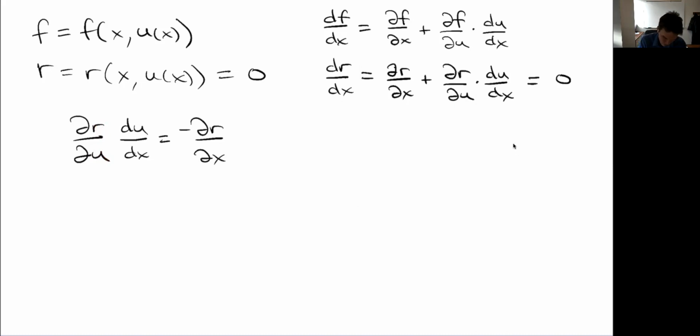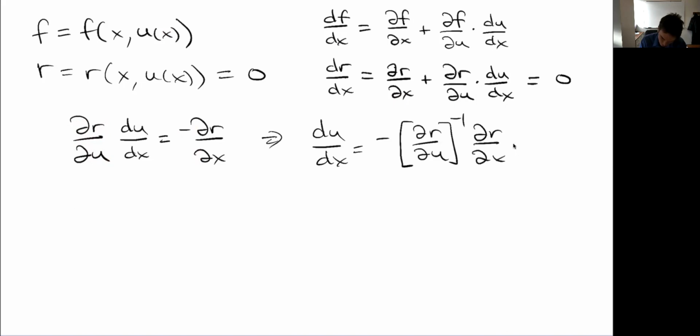So I'm going to multiply both sides by the inverse. If I multiply by the inverse of that, this will become the identity and go away, so I'll have the inverse over here. So I get du/dx equals minus, multiplying by that inverse, partial r/partial u inverse times partial r/partial x. Now that I've done that, I can take this term here, du/dx, and plug it in, and that will give me my final expression.